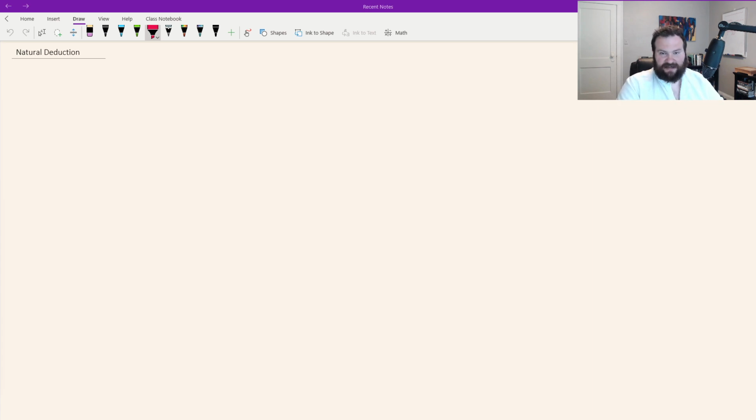So they can get really long really quickly, right? Some arguments you want to consider might have 10 sentence letters. And that's not a truth table that you're going to want to do yourself, right? That's not something you want to actually write out on paper. So what natural deduction allows us to do is to simplify this process.